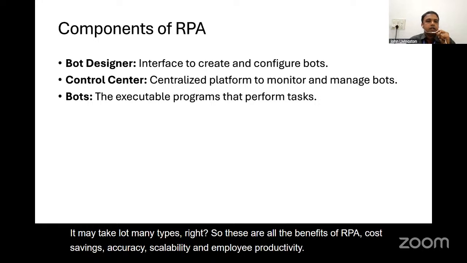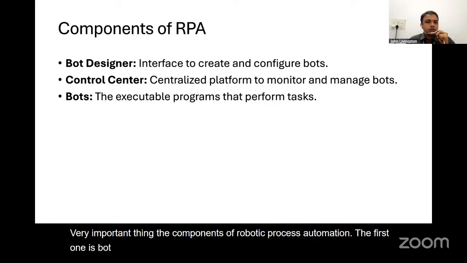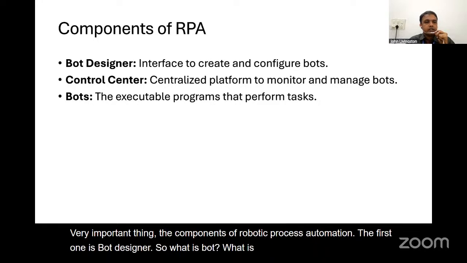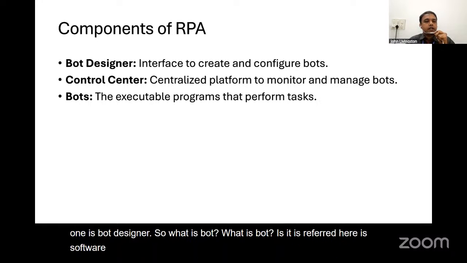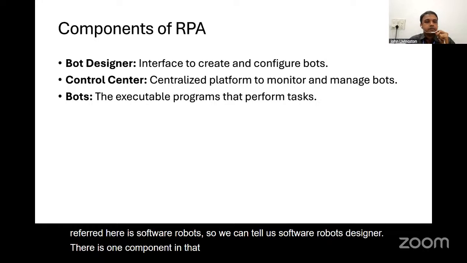Very important thing: the components of RPA, the components of robotic process automation. The first one is the bot designer. What is a bot? It is referred to here as software robots. So we can call it the software robots designer. Then the control center.